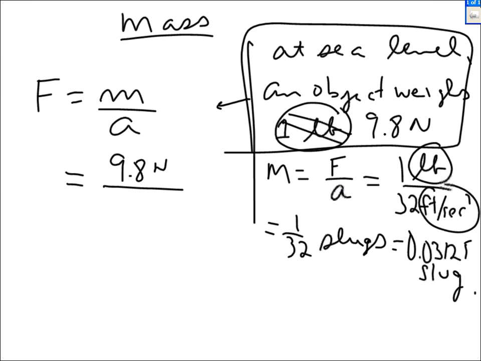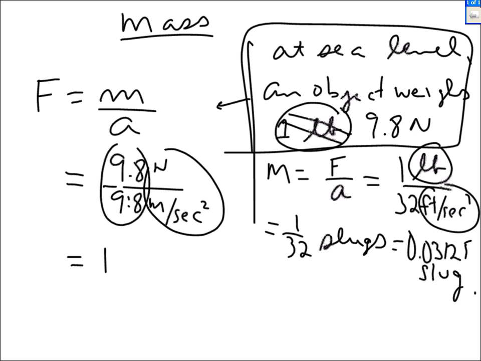Acceleration should be in metric: 9.8 meters per second squared. Well, you divide those two numbers, you get 1. And newtons divided by meters per second squared happens to be kilogram.